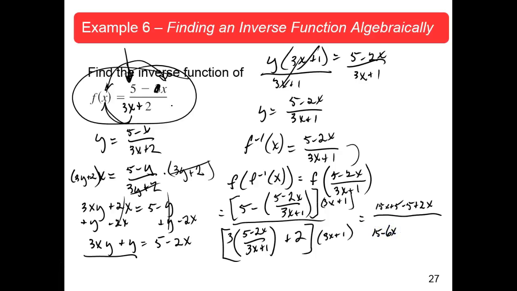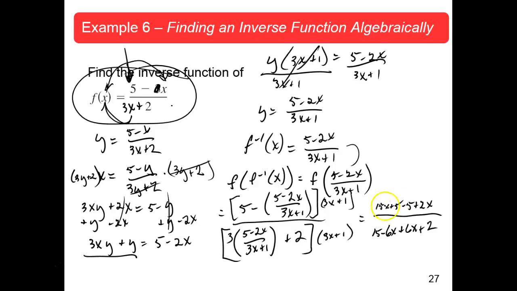And then distribute this, and what do you have? 6x plus 2. Okay? That's a plus 6x plus 2. All right. This isn't looking too good, folks. Oh, maybe. Yeah, it's okay.